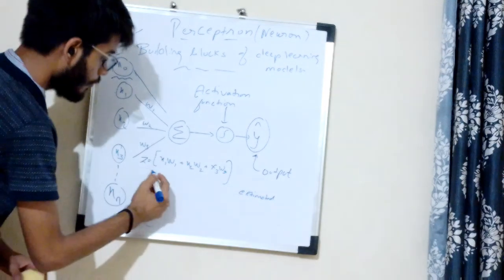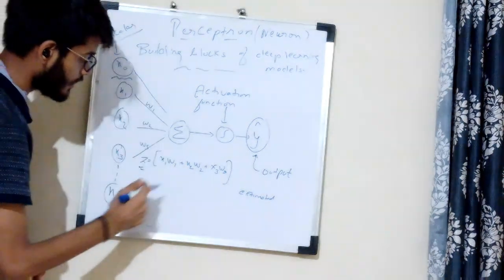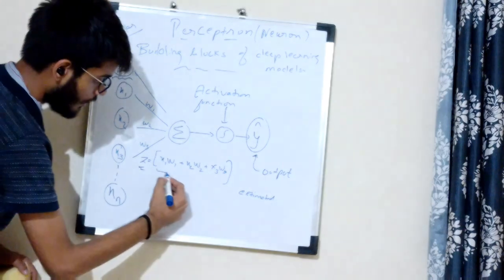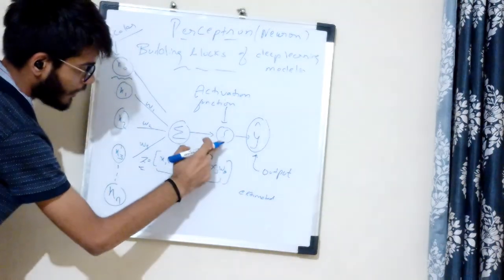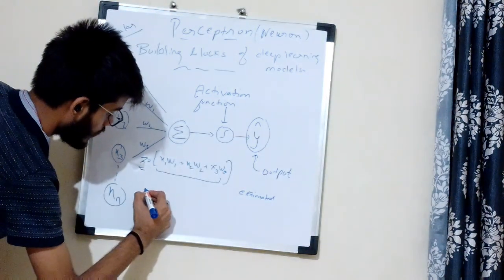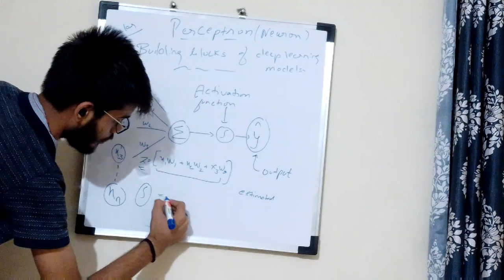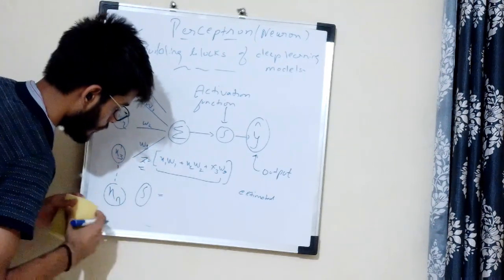Actually, before passing this z, we do something more. We basically add this. Suppose we have found all of this, and then before passing it to my activation function, it will be passed in this form.